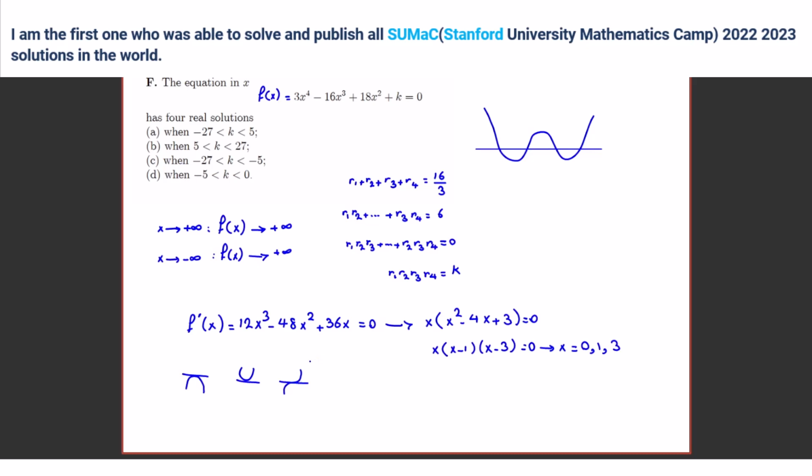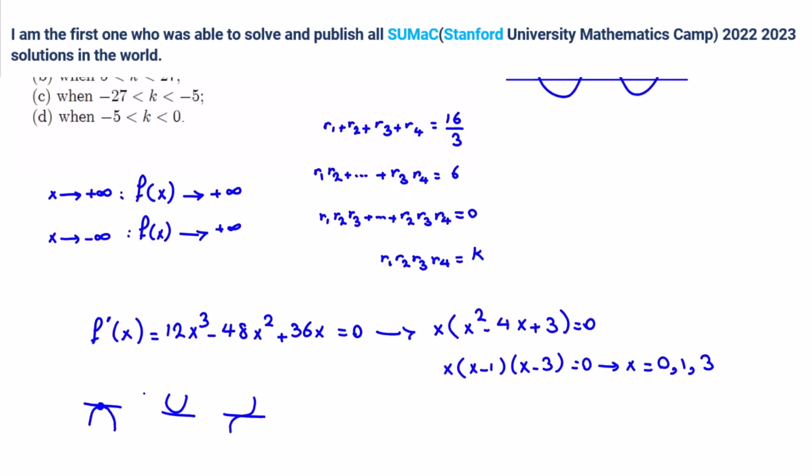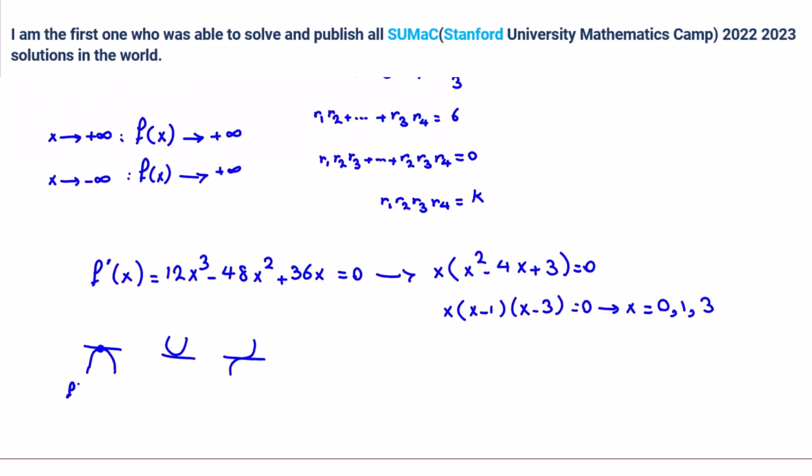Before this point, f prime is positive, and after it f prime is negative. Also we can have these other parts: in this part f prime is negative, then positive, again positive, then negative.